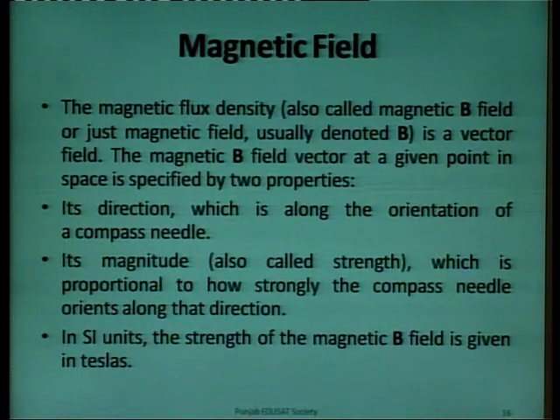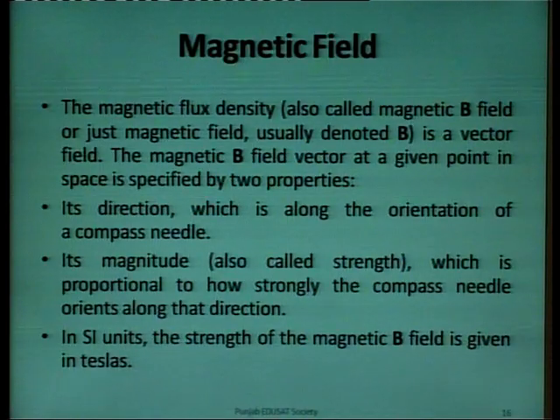Then we have the magnetic field. What is a magnetic field? It is the magnetic flux density, the density of the flux or of the magnetic lines of force. This is called the magnetic field, or magnetic B field, and it is usually denoted by capital B. It is a vector field.